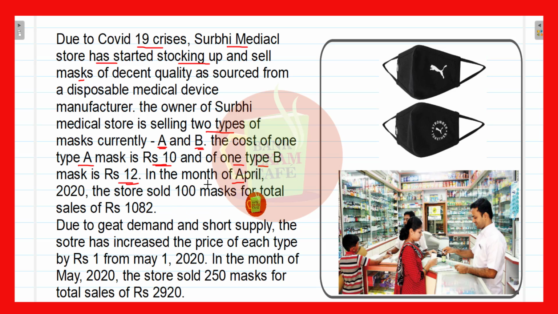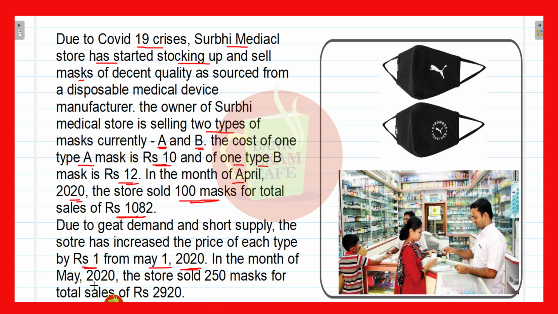In the month of April 2020, the store sold 100 masks for a total sale of rupees 1082. Due to great demand and short supply, the store has increased the price of each type of mask by rupees 1 from May 1, 2020.